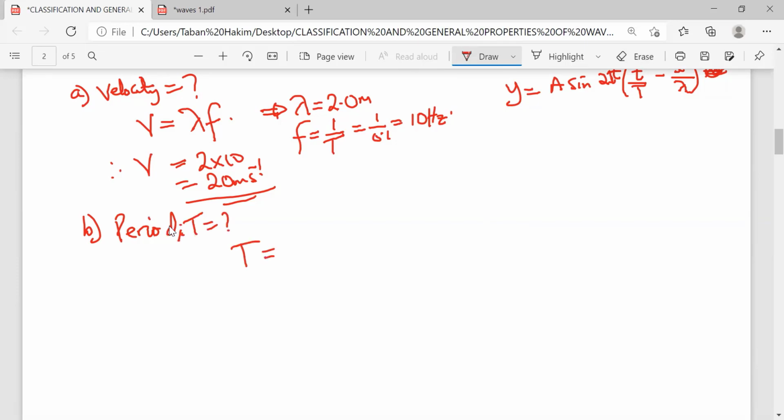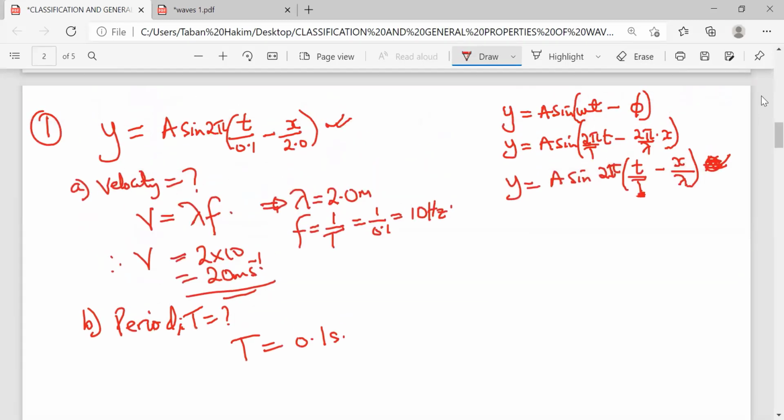So our period T is equal to 0.1 second. Just from here, you can quote this, when you compare that with what we have in our equation. And then part C is talking about a stationary wave.